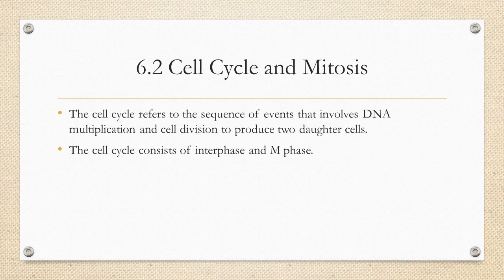Generally we can say the cell cycle has only two phases, interphase and the M phase. Interphase is made up of G1, S and G2, and it is the longest phase in the cell cycle.